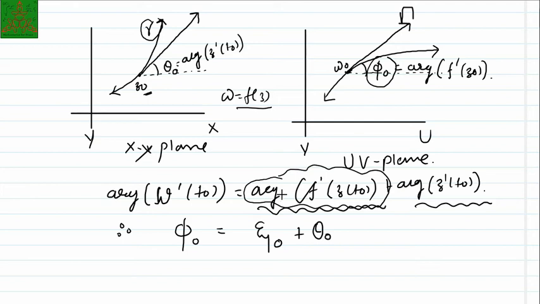That means this much rotation, that much difference you will find. It is nothing but phi of 0 minus theta 0. So whatever the angle of difference is there, that much rotation happens when you apply the function w equal to f of z onto this gamma curve. That is the meaning of angle of rotation.